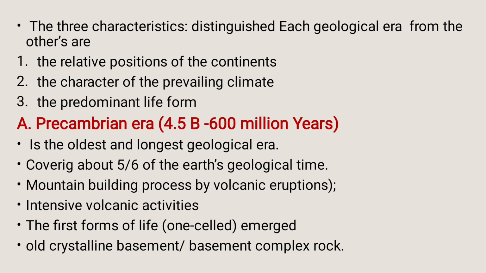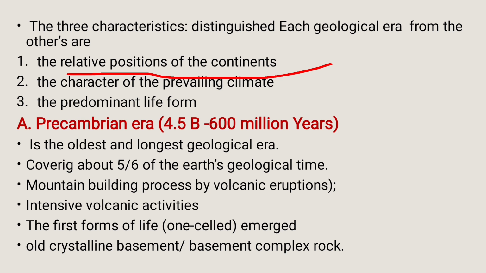There are three criteria which distinguish each geological era from the others. So these are: one, the relative position of the continents can be used to differentiate one geological era from another.